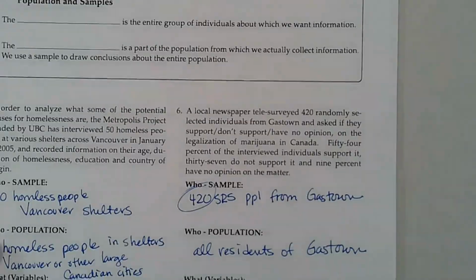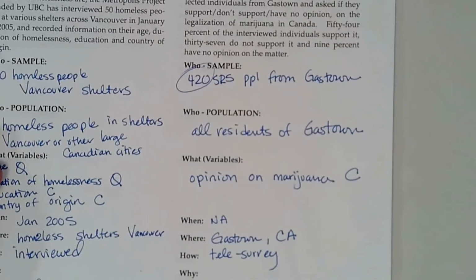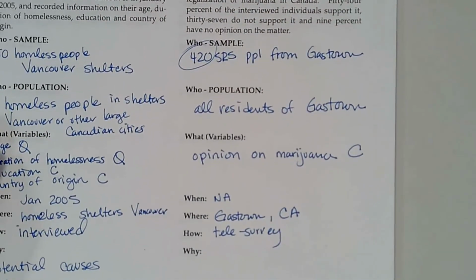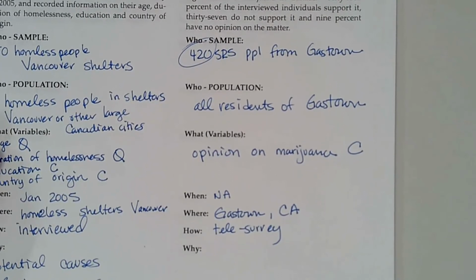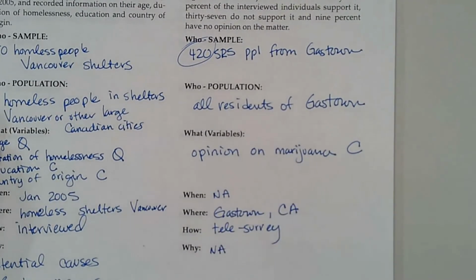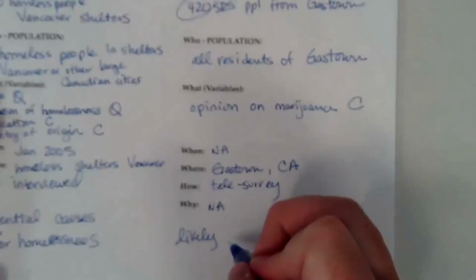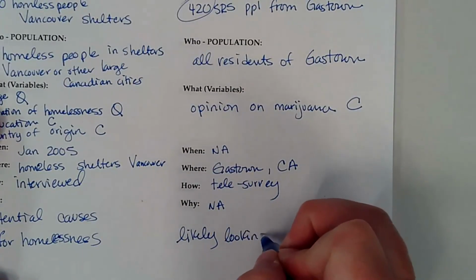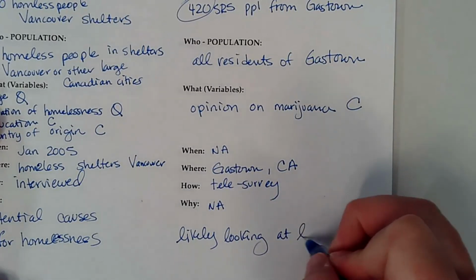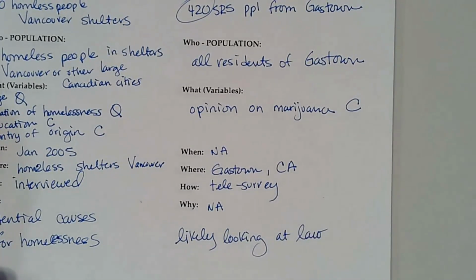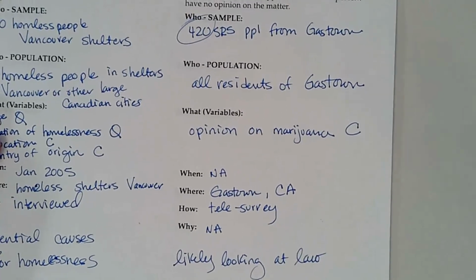So they are collecting opinions on legalizing marijuana. There's not really a why stated here. So if you put NA, that's fine. If you put something like it's likely they are looking at some sort of law and whether it would pass or not, that's probably a pretty fair guess as to what's going on here.